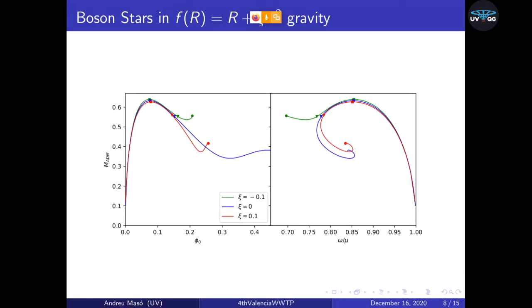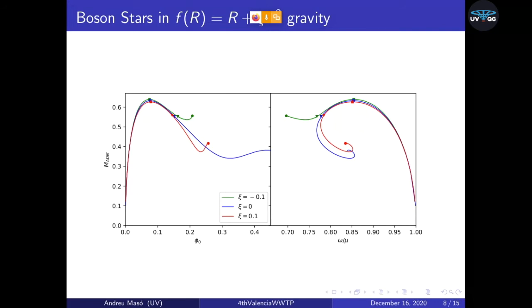For small values of the scalar field, the properties of boson stars are hardly distinguishable from GR. However, for higher values, differences arise. The most notable one is that in GR we could find solutions for an arbitrarily high value of the scalar field, while in f of r, the domain of existence of boson stars is limited from above.